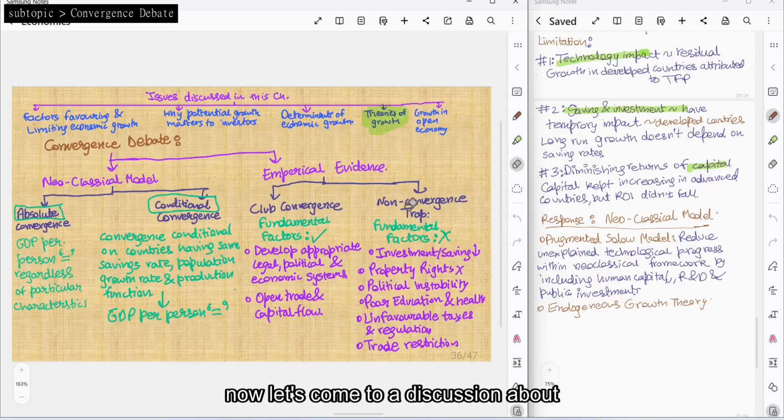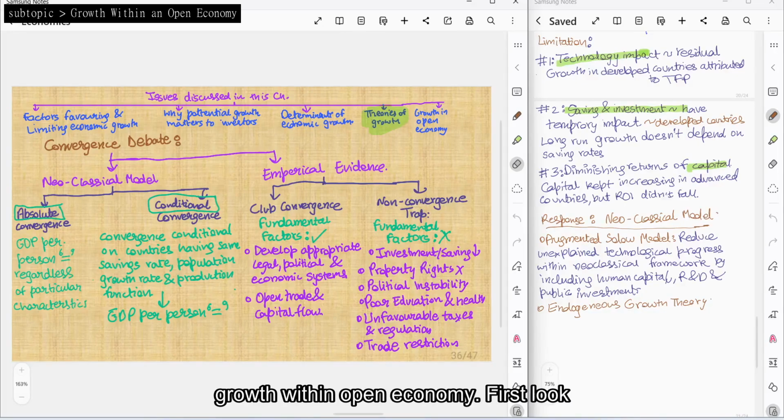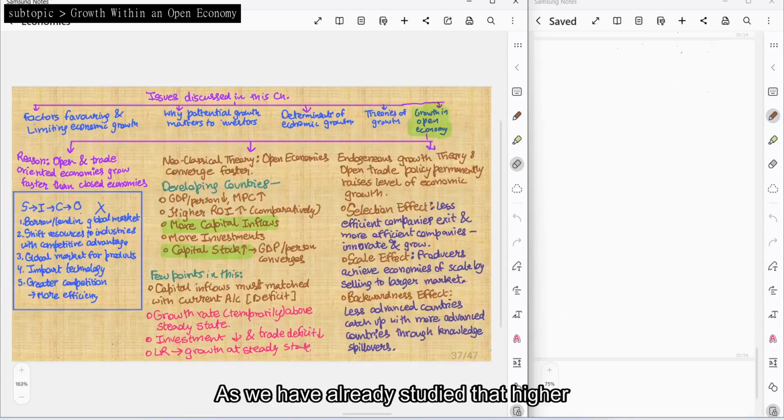So now let's come to a discussion about growth in open economy. First, look at the reasons why open and trade-oriented economies grow faster than the closed economies. As we have already studied, higher savings leads to higher investment, which leads to higher capital, and that provides higher output. So countries which have a low savings rate could benefit greatly by opening up their economy as there will be more investments coming in, which will help in increasing the capital.